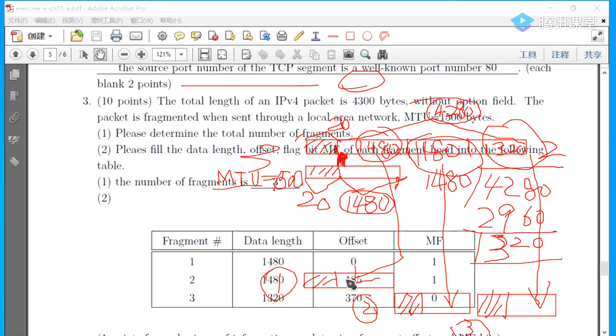The second is 185. The second segment is 1,480 divided by 8.